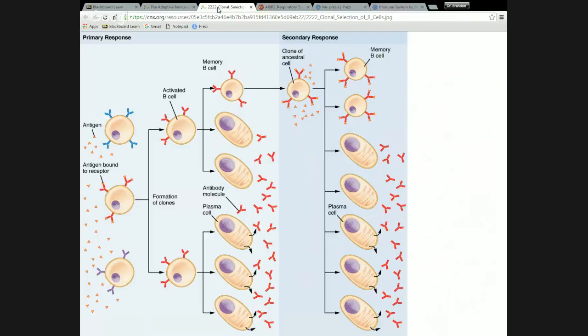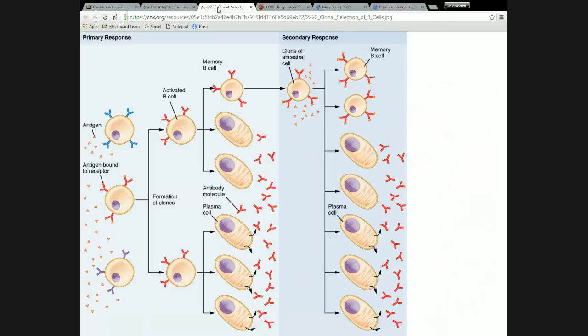And all of these cells, which can be activated or can be produced right away when the antigen shows up, are going to start churning out those antibodies, and you see that secondary response go way up. But all of these are churning out the red antibody. All of these cells, which are just clones of this original cell, make the exact same antibody in terms of what antigen it recognizes. They're not making purple or blue antibodies here.